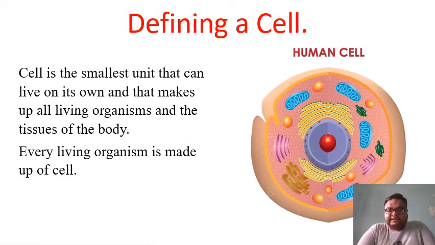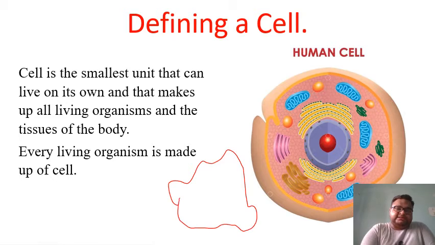You will say that cell is made up of small organelles such as mitochondria, chloroplast, nucleus, but students, those are not capable of having their own existence. But we have seen organisms such as amoeba that live in marine water, isn't it? So it has a free existence. So we say that cell is the smallest unit that can live on its own.